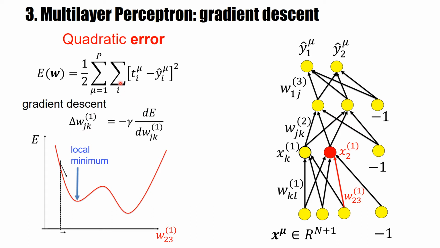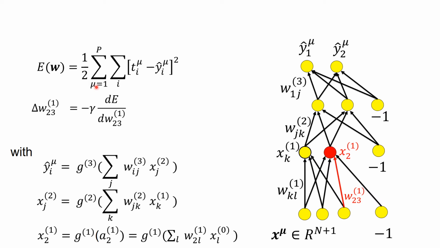The error is the sum over all output neurons and the sum over all patterns that we have in our database. So this is the error function. We want to take the derivative. We have to plug in here the value of the output. This is this value here.